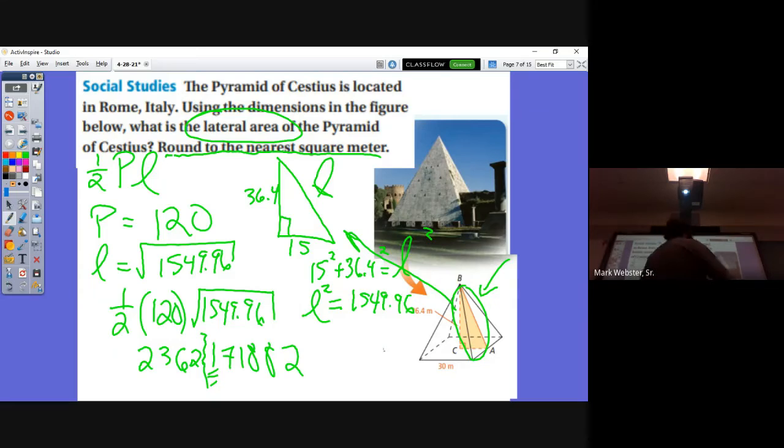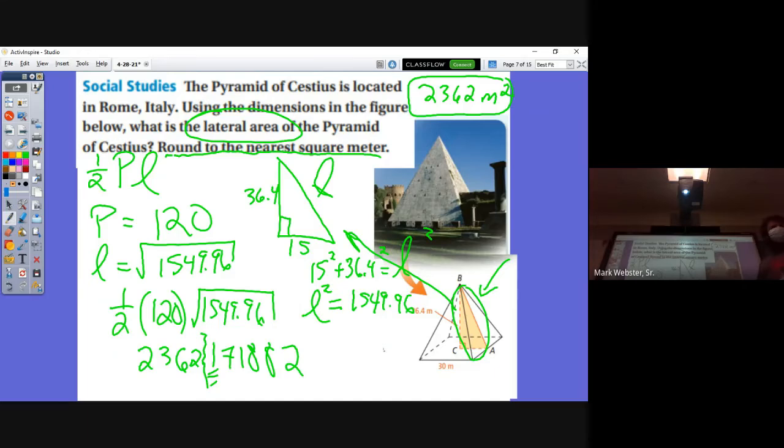And then our final answer, which I'm going to put up here in the upper right-hand corner, is 2,362 meters squared. So a problem like this, they're not asking you to find the whole thing. They're trying to just have you find all the triangles, right?